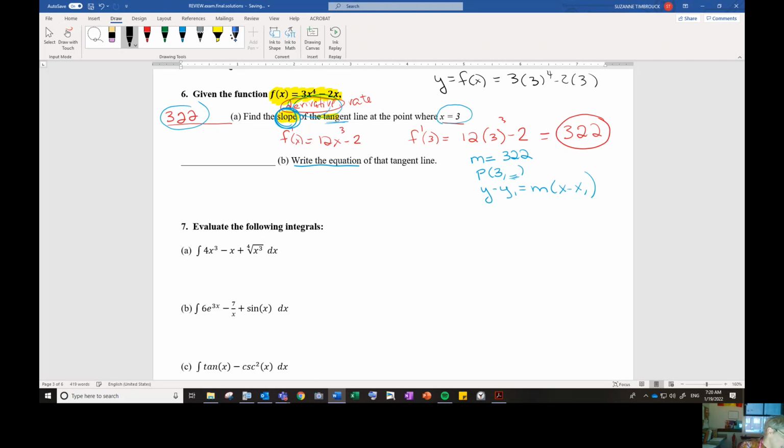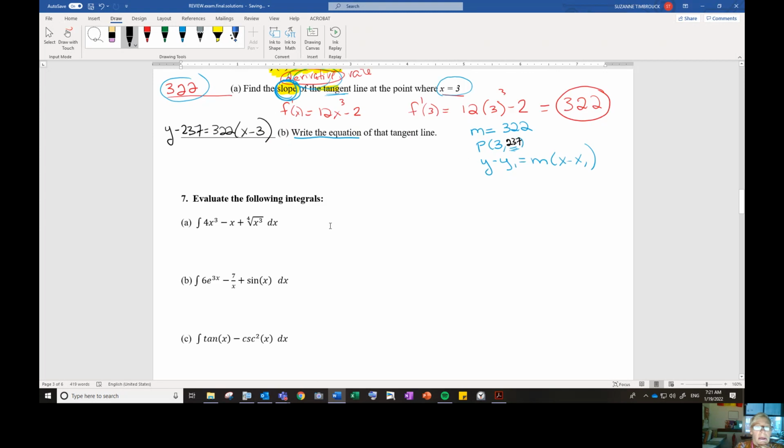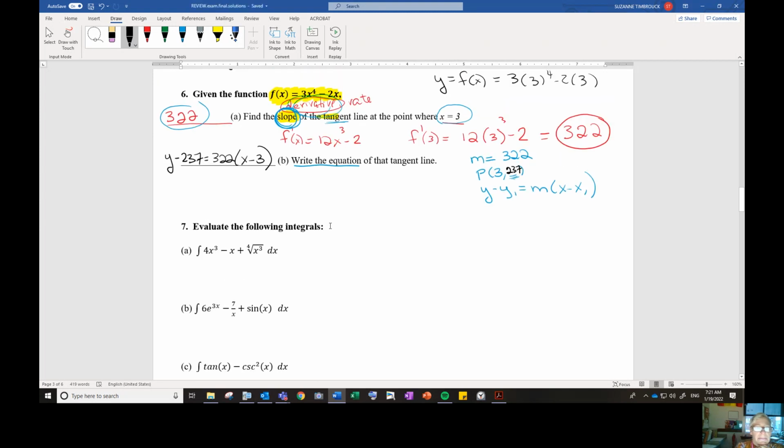So we get another crazy weird number. We get 237. That's my y. So I've got my point and my slope, and we just plug them in. y minus 237 equals 322 times x minus 3, and we're done. We do not have to do anything else with that.